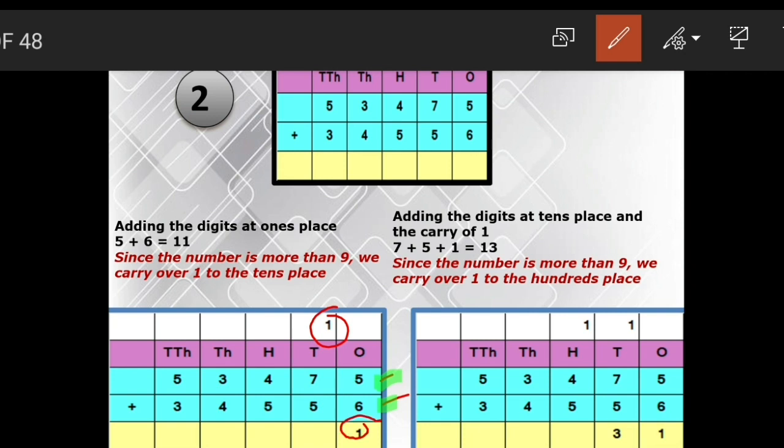In the next step, we will move slightly to the left, that is we will move to the tens place. We have 7 and 5 in the tens place. Along with that we have to add the 1, which we have written on the top. So we'll add 7 plus 5 plus 1, which will be 13. Again 13 is greater than 9. So 1 we will write here and 3 we will write here.